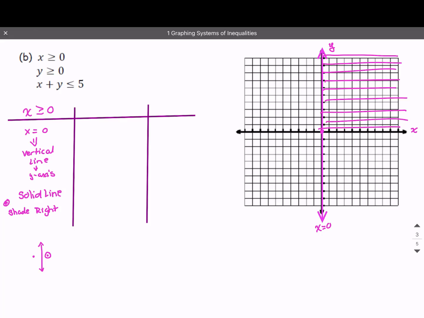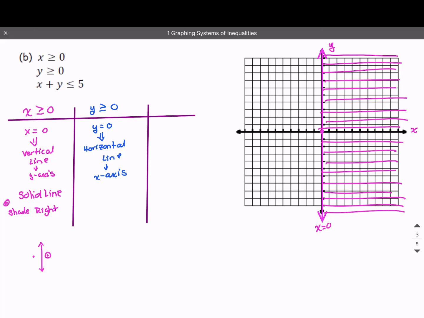So far we know that our solution would have to be in the first or the fourth quadrant. Let's take the next inequality: y is greater than or equal to 0. That's similar to the line y equals 0, which is a horizontal line, and because it's equal to 0, that happens to be the x-axis.